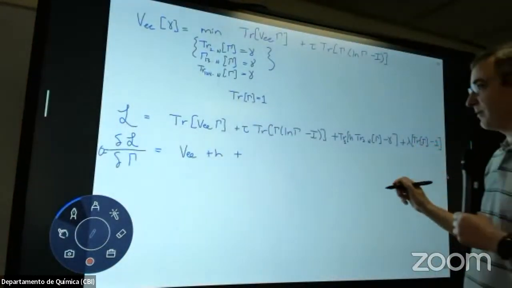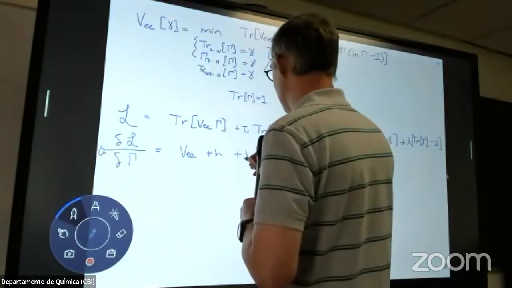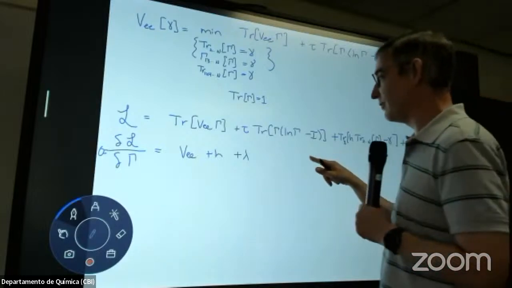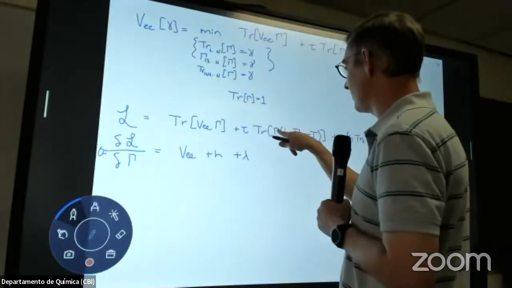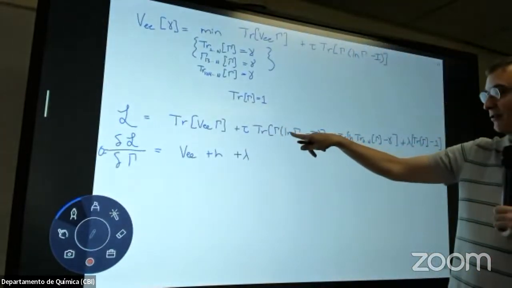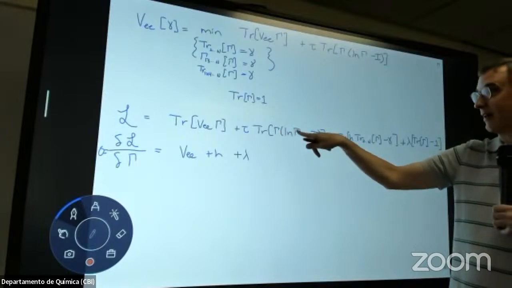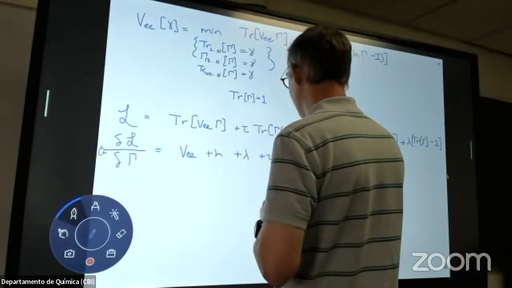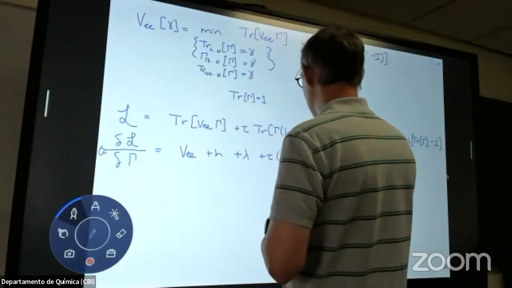It just ends up giving me plus lambda. Right? And then the final thing that I have to deal with here is this constraint. So start by saying the derivative with respect to gamma is log gamma minus I. So we'll write it out, tau of log gamma minus I.